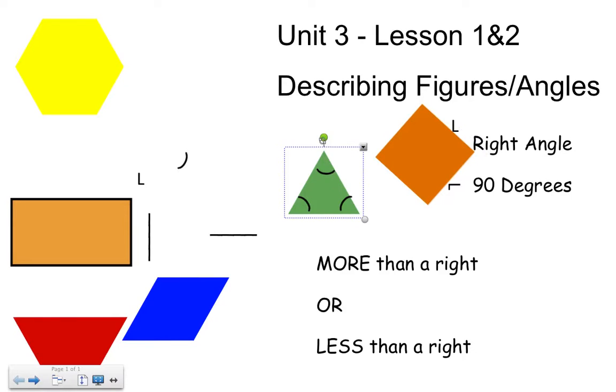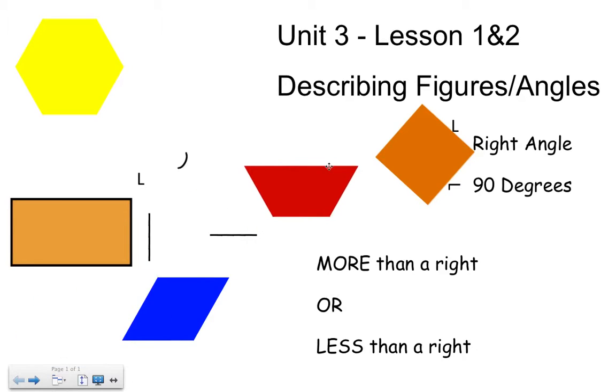I can actually show that if I take this and put it over the shape, I can see this angle here is less than that square. So I would say it's less than 90. All 3 of those are less than 90 degrees. Let's take a look very quickly at this shape here.